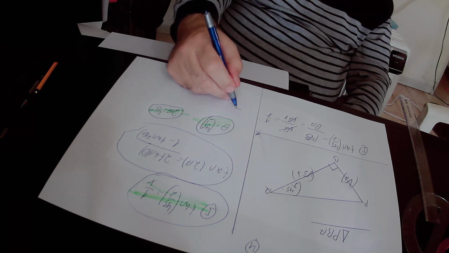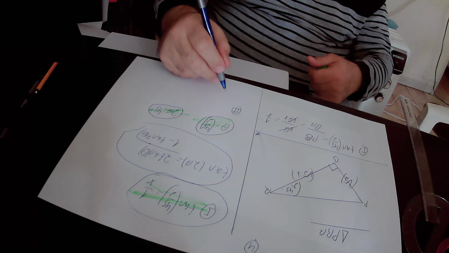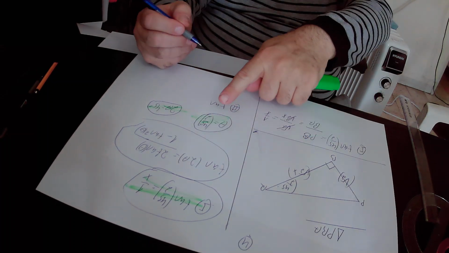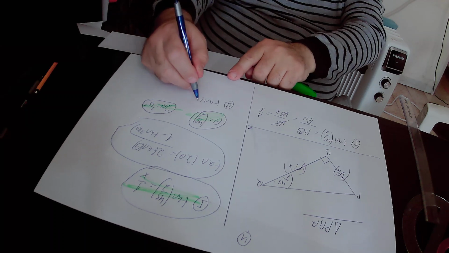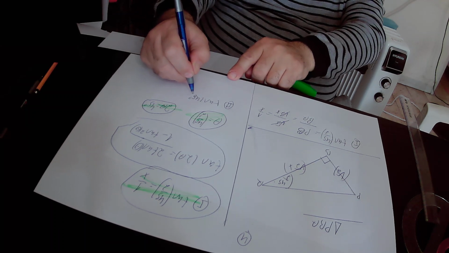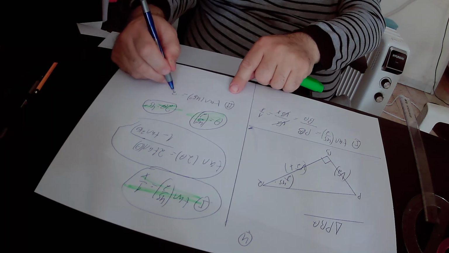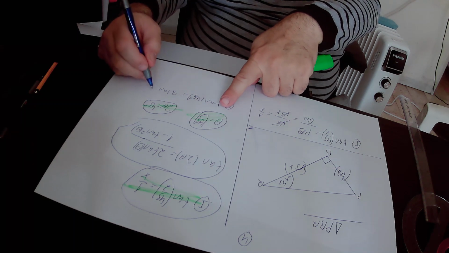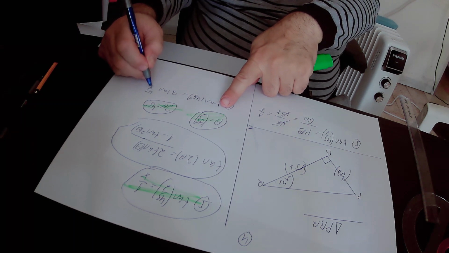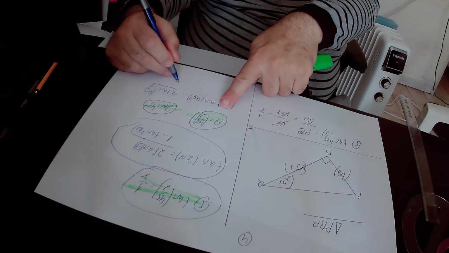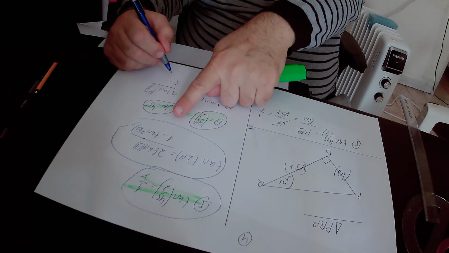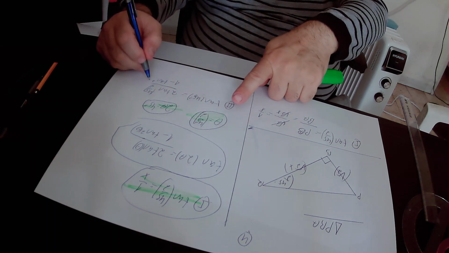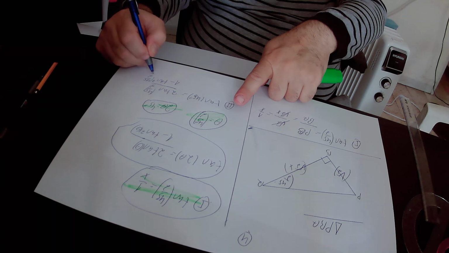This will be equation number 2, and we'll get that tangent 2 theta, and 2 theta is 45 degrees, equals 2 times tangent theta, and theta is 45 over 2 degrees, over 1 minus tangent square theta, and theta is 45 over 2 degrees.